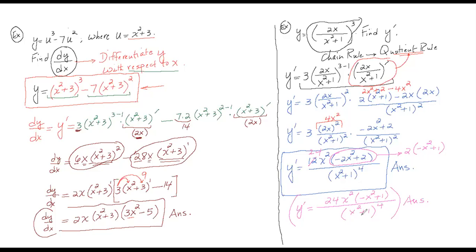All right, so let's do one more problem from this section 1.7. And that would be y equals 7x cubed over 4 minus 9x to the 5th power.